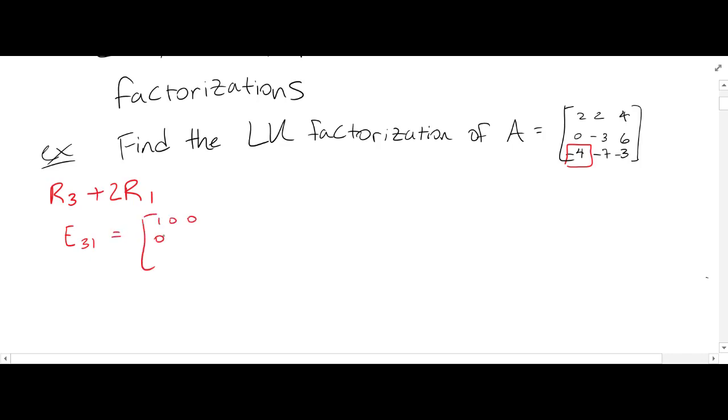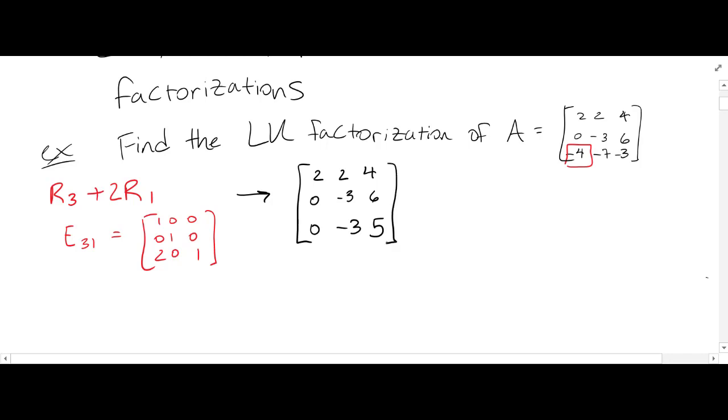You can represent that as an elementary matrix, E31, which is 1, 0, 0, 0, 1, 0, 2, 0, 1. When you do that operation on the matrix A, you get this new matrix: 2, 2, 4, 0, negative 3, 6, 0, negative 7 plus 4 gives you a negative 3, and negative 3 plus an 8 gives you a 5.